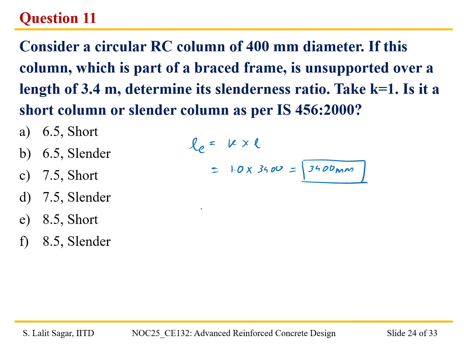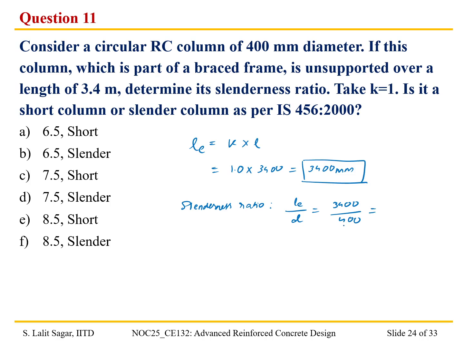So now what is the value of the slenderness ratio? The slenderness ratio is equal to LE by D, that is 3400 divided by 400, which gives us a value of how much?